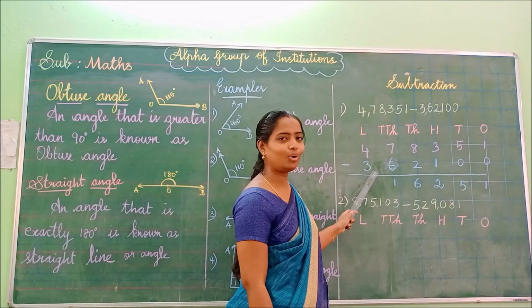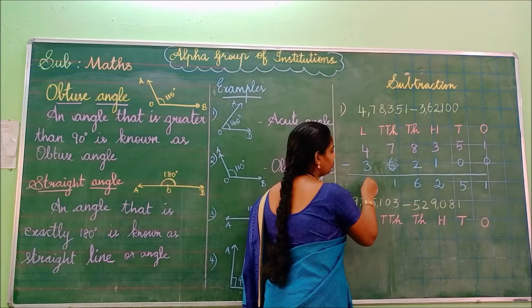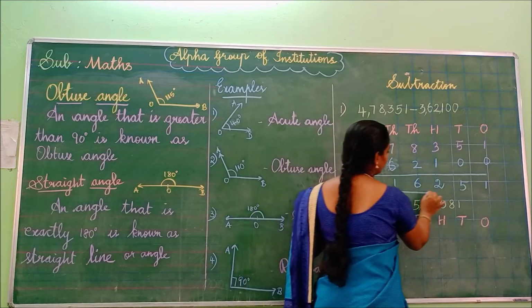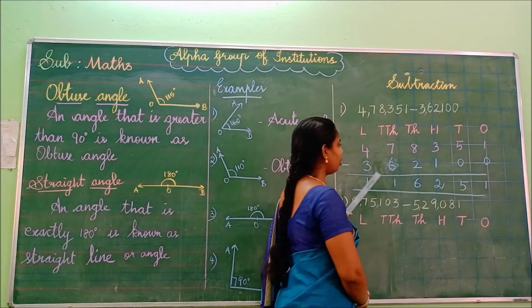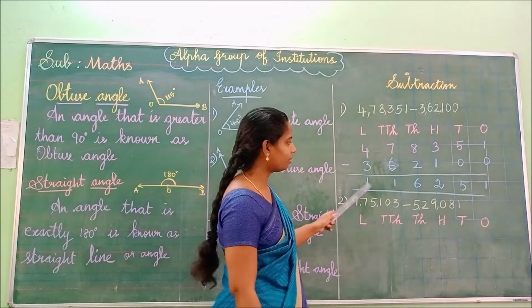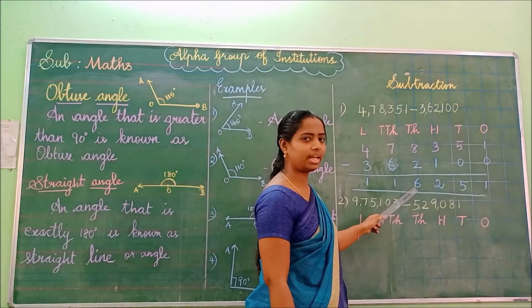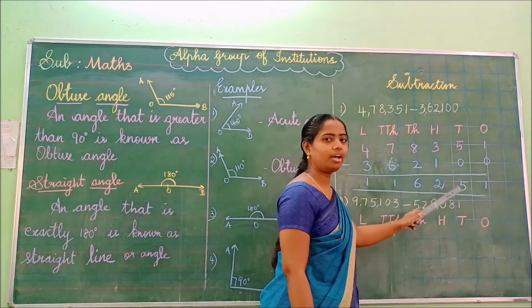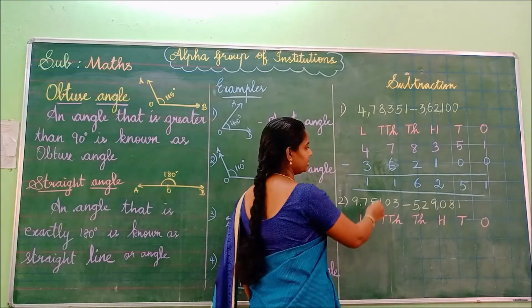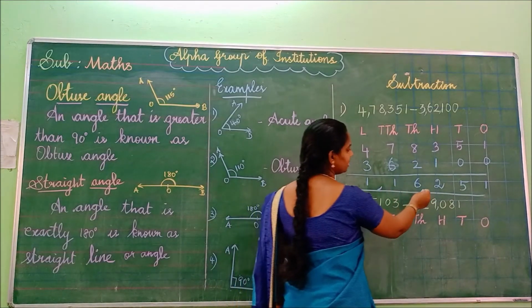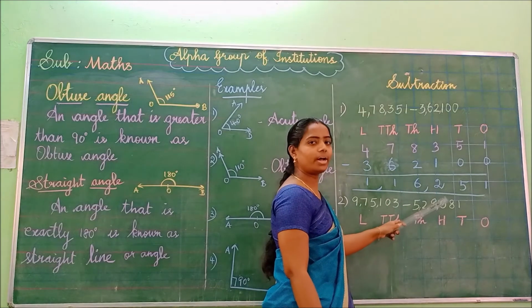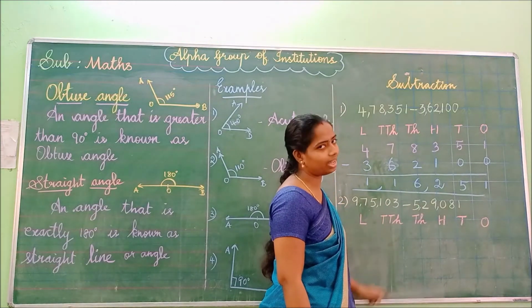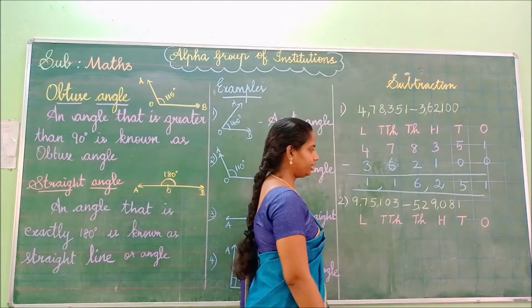How much, children? Yes, very good. 4 minus 3 is 1. Okay, finally we got the answer. What we got? 1,16,251. Okay, children, see? 1,16,251. We got the answer here.